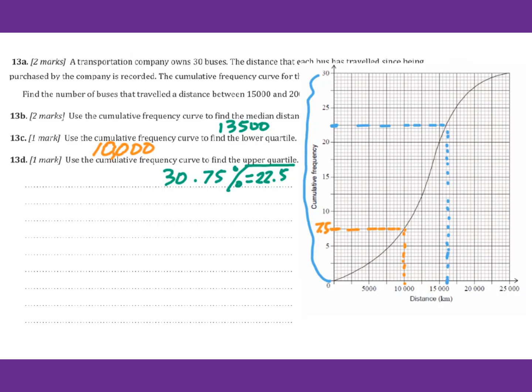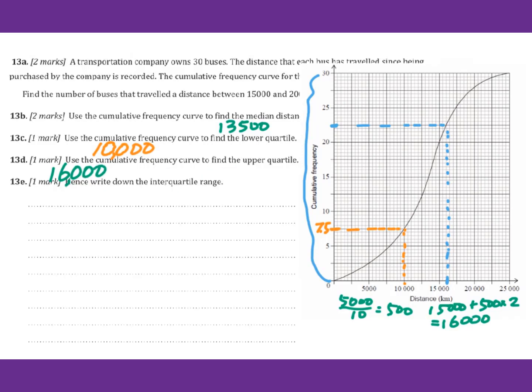We know each unit, that's 5,000 divided by 10, you will get 500. So 15,000 plus 500 times 2, you will get 16,000. So answer will be 16,000.